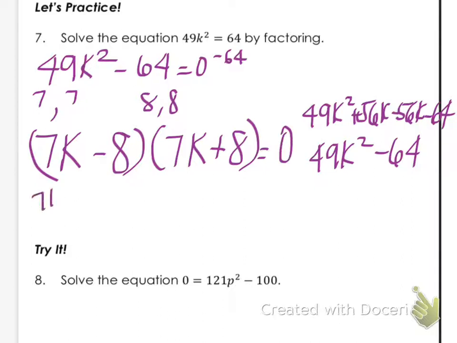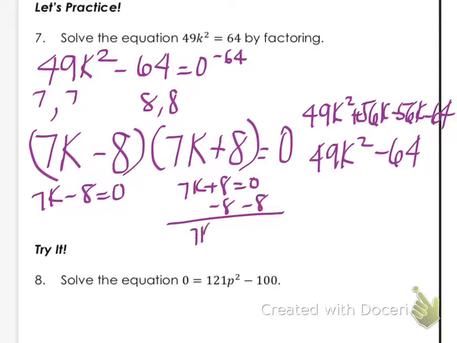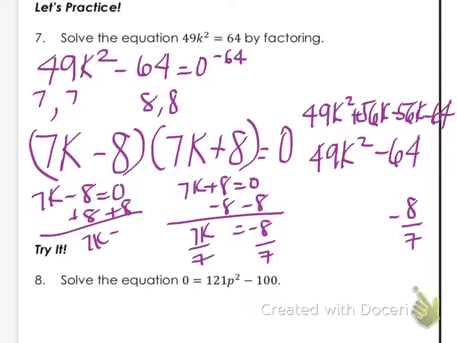Here we're going to solve. We're going to start off by adding 8 to both sides to give us 7k equals 8. We divide both sides by 7 for an answer of 8/7. As we continue on, we're going to subtract 8 from both sides for the other one, and we end up with 7k is equal to negative 8. We then divide both sides by 7, and we end up with negative 8/7.